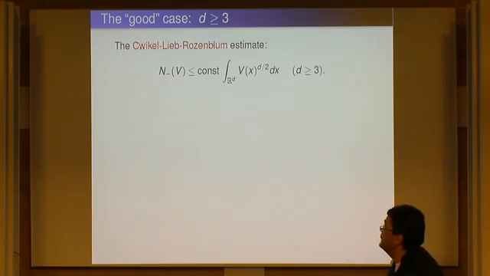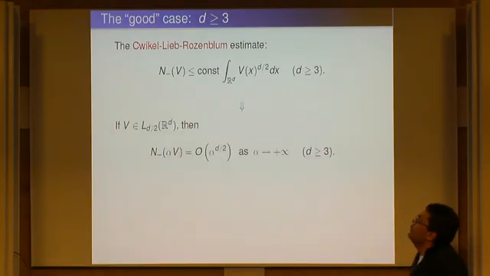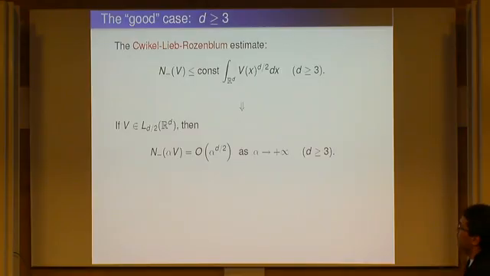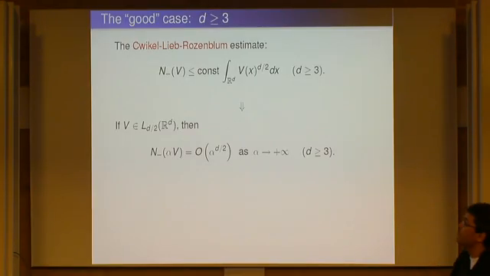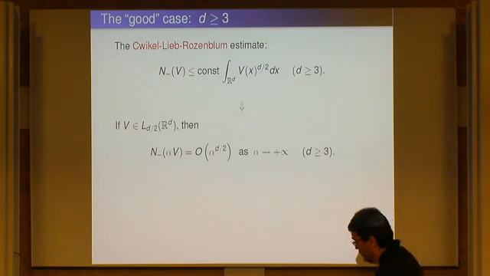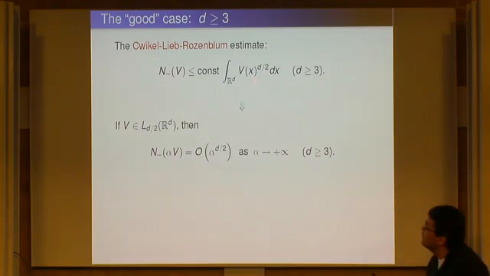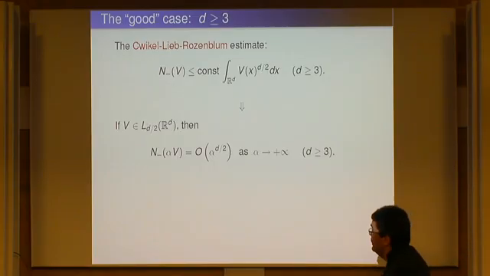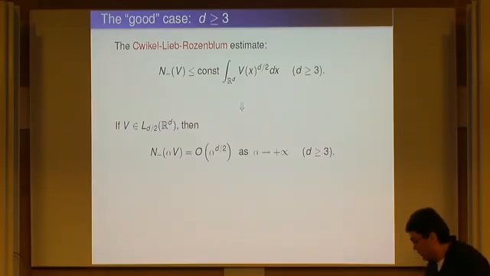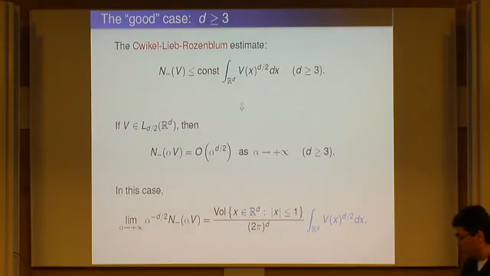What do I mean by that? First of all, if this integral is finite, then instead of V you can consider V times a constant. And from that integral you have this, and this is the correct semi-classical order of asymptotics.